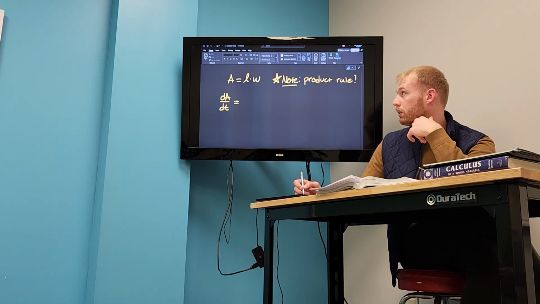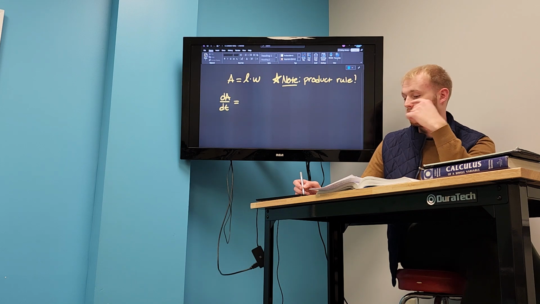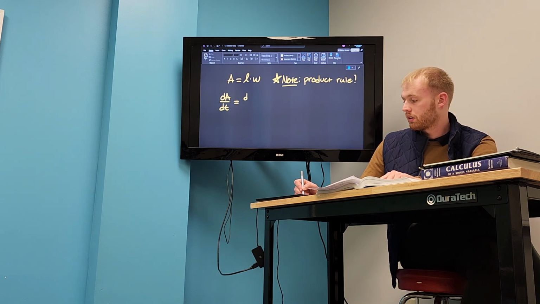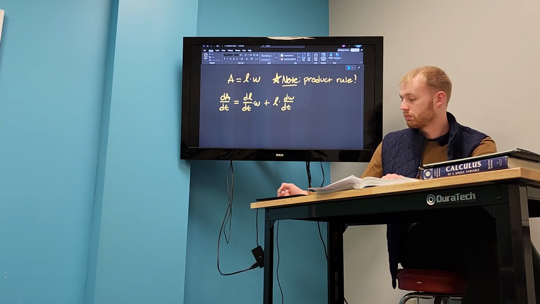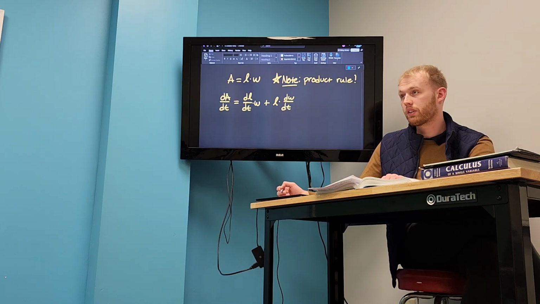Now we have product rule for length times width. So we have dl dt times width plus length times dw dt. And then we can just plug in our numbers, correct? And do we know enough to find dA dt now?